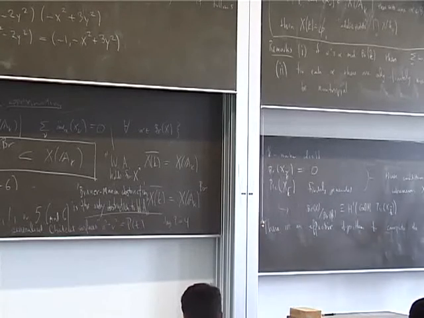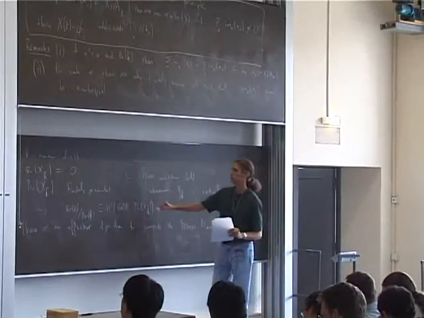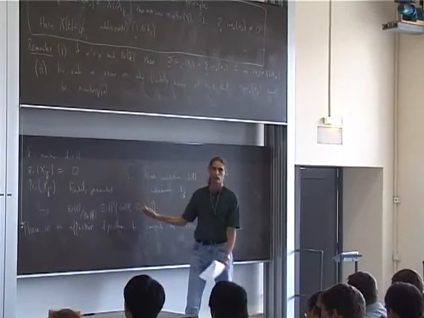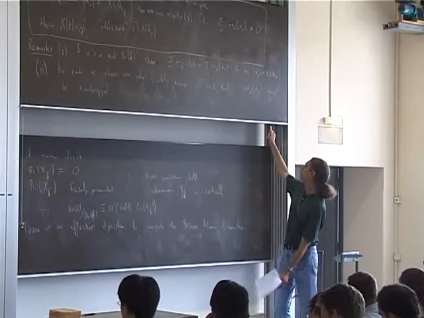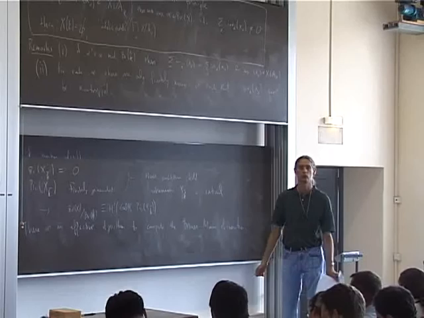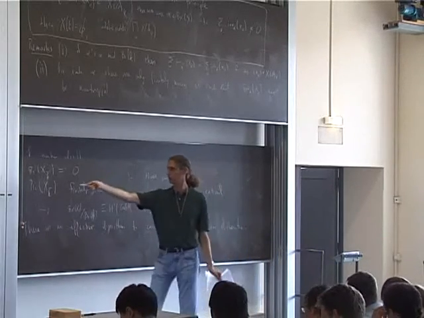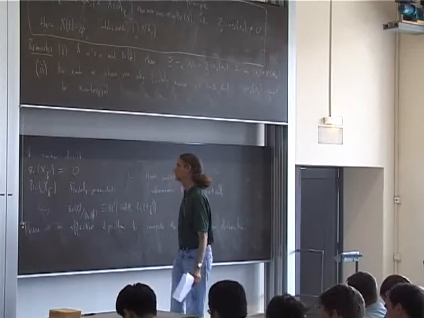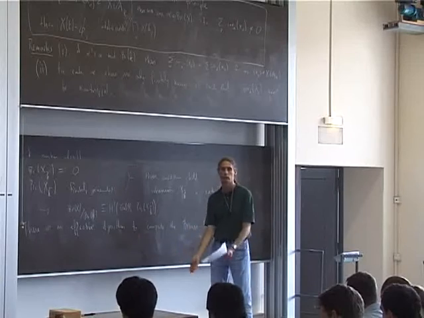Okay, now let's return to this statement here. I said that when you have some conditions like this, so that you have only finitely many conditions cutting out this Brauer-Manin locus in the set of adelic points, then there's an effective algorithm.